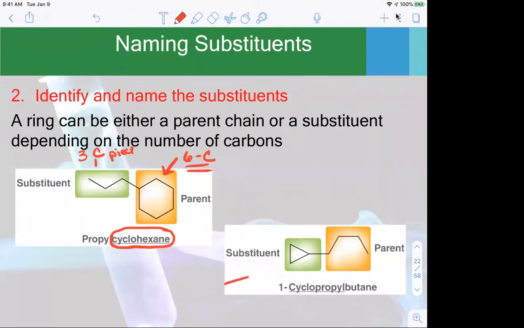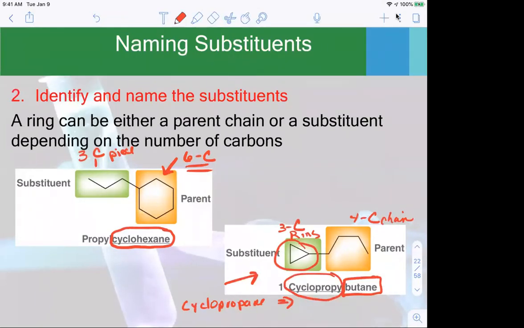Notice in this example, if I have a 3 carbon ring and I have a 4 carbon chain, I'm going to name it based on the larger amount of carbons, which means this ring, cyclopropane, goes to cyclopropyl.